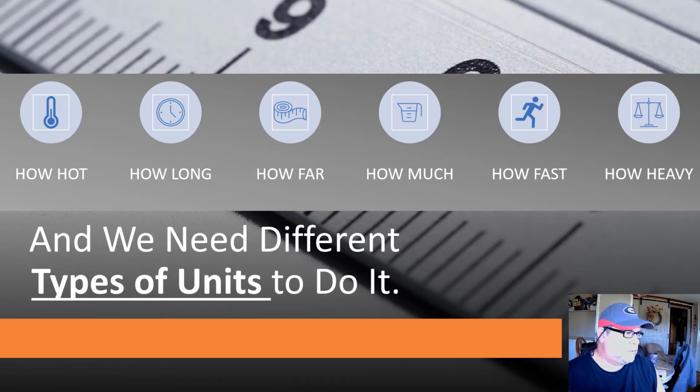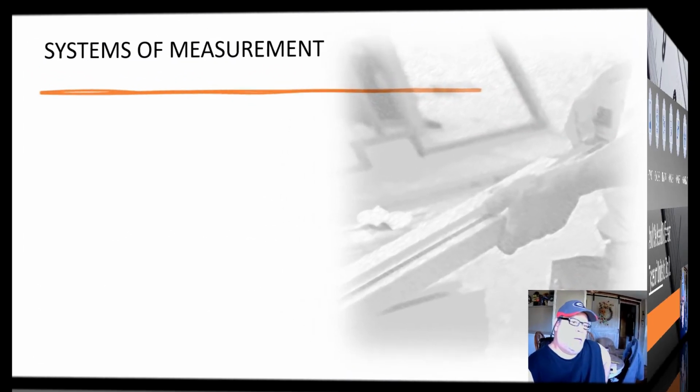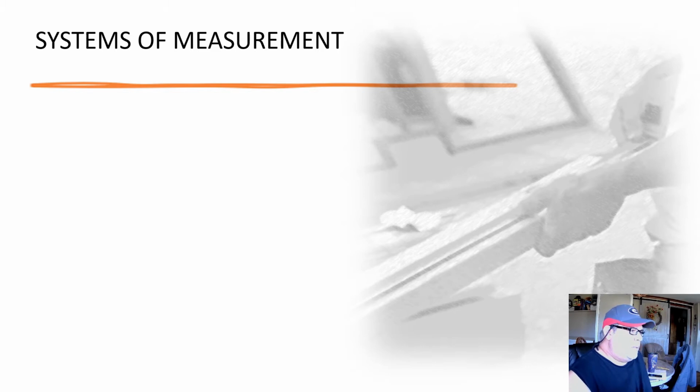Okay, how much? Pints, quarts, gallons, that type of thing. How fast? We talked about that. Miles per hour, feet per second. How heavy? Pounds, ounces. What else? Tons.